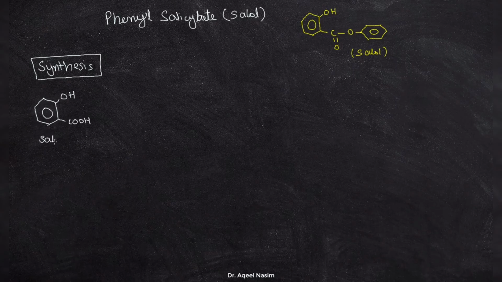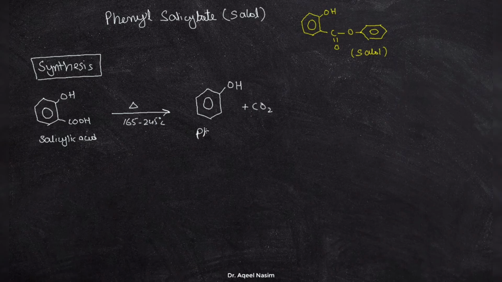As usual, the starting compound for the synthesis of phenyl salicylate is salicylic acid. Under certain conditions, the heating arrangement provided, it is converted into phenol and carbon dioxide.